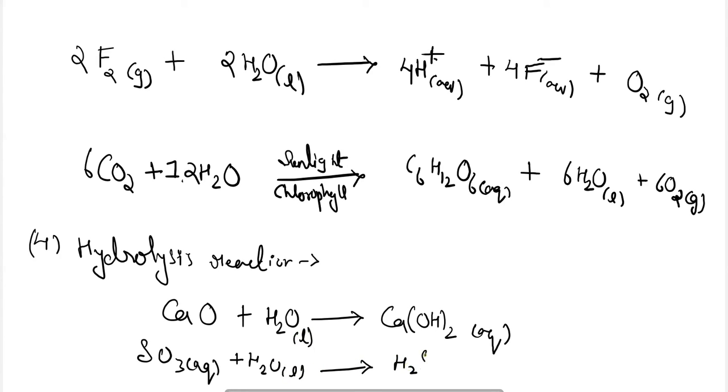So I have taken two examples here, which is forming sulfurous acid. In case of non-metal oxides, when water reacts with non-metal oxide, it produces acids. And in case of metal oxide, it produces bases, that is hydroxides. So this is the nature of water, that on hydrolysis it will produce different kinds of acids and bases. With the metal oxides it will produce bases, and with the non-metal oxides it will produce acids.